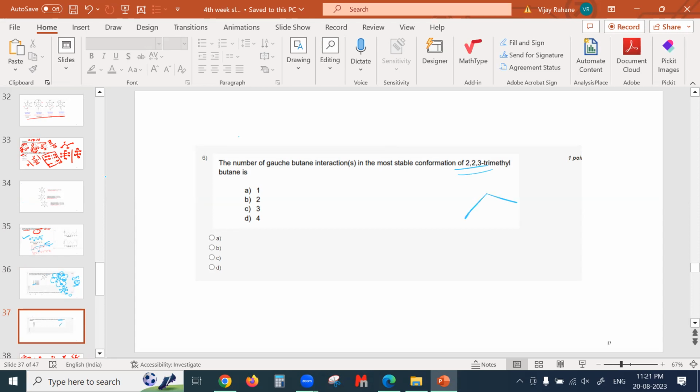I will draw the structure first. So this is butane, and 2,2: this is 1, this is 2, 3, and 4. So for the 2,2-dimethyl, here is one methyl, here is one methyl, right? And at the 3 position there is also one methyl. So basically there are 2 methyls on the front carbon atom. We are looking at C2 and C3. This is C2, the front carbon atom.